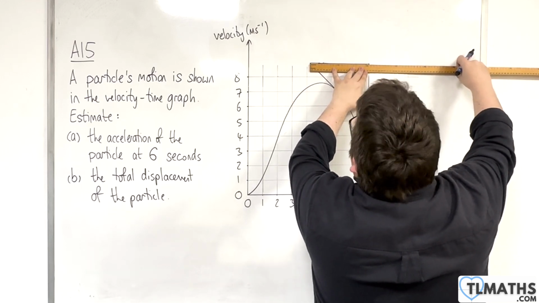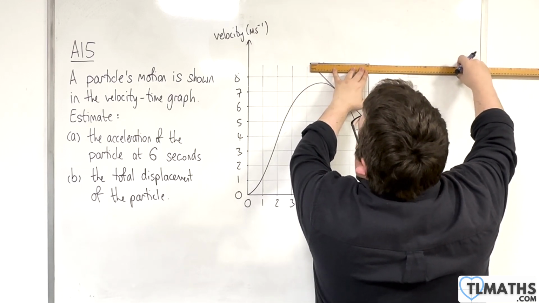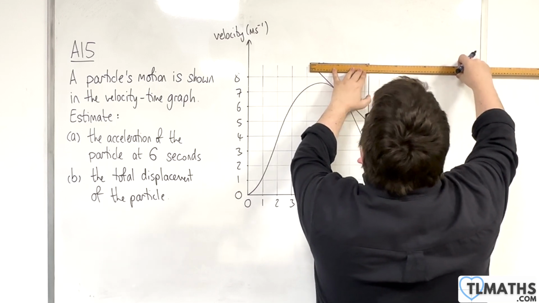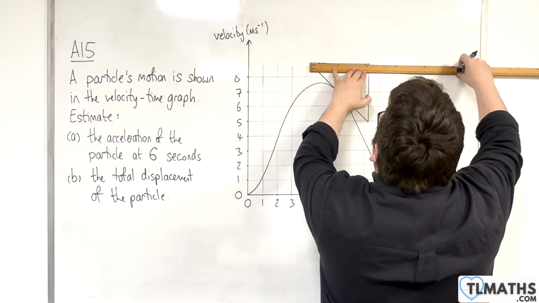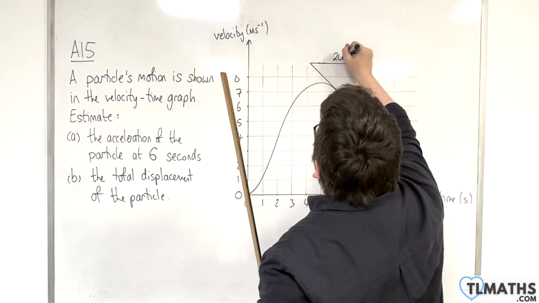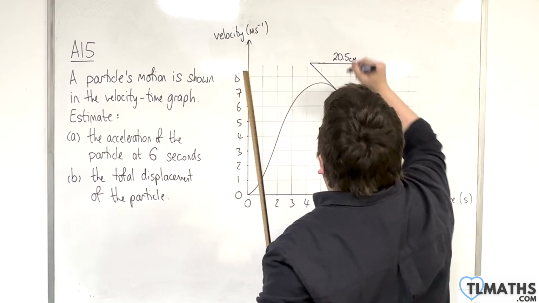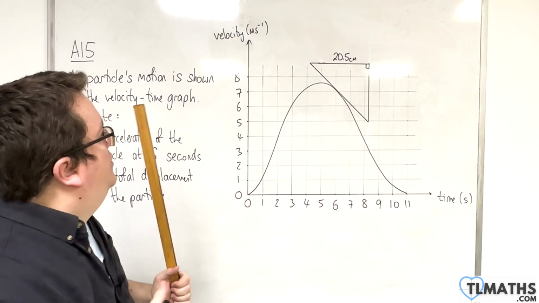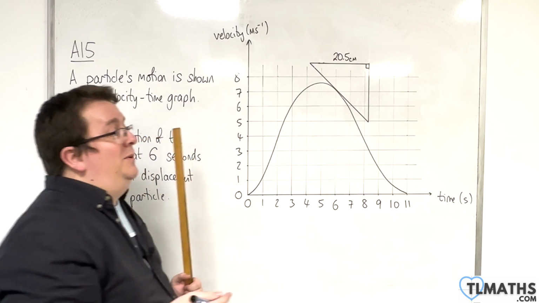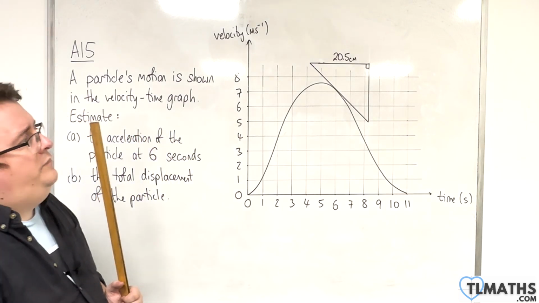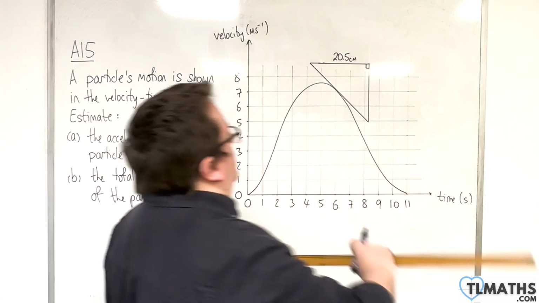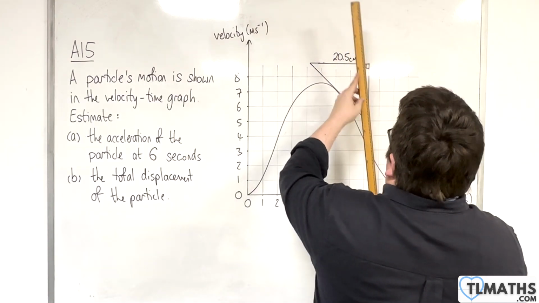So this is about 20.5 centimetres. Now, of course, you could do it by looking at it in terms of time, but I'm just going to go with how long those sides actually are.